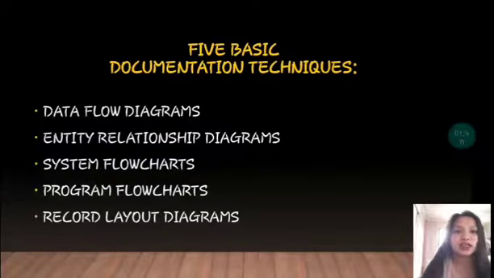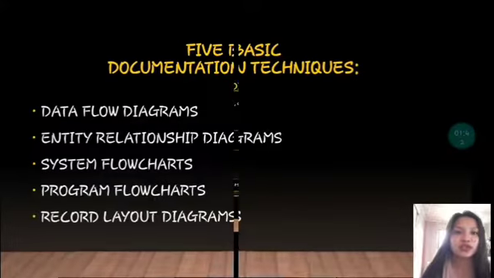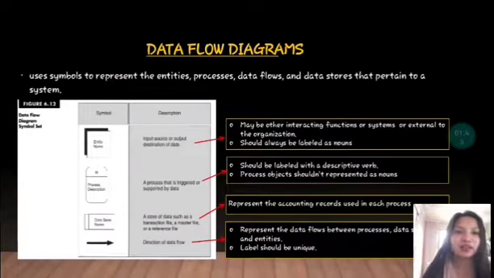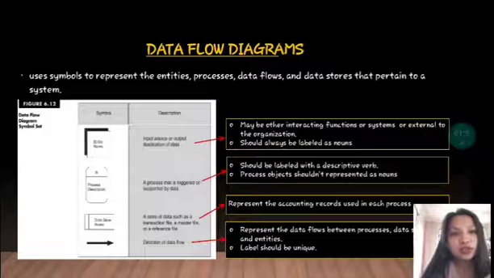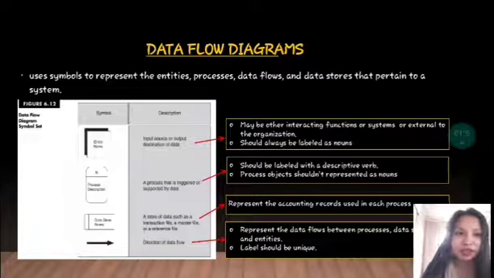To start, first we have the data flow diagram. This diagram uses symbols to represent the entities, the processes, the data flows, and data stores pertaining to a system. As you can see below, there is figure 6.12, the symbol set for the data flow diagram.